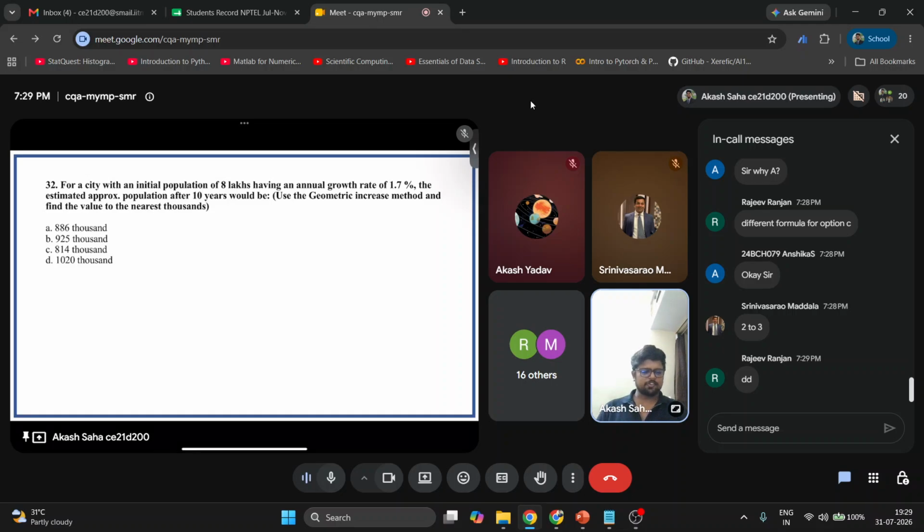If you just put in the formula, population into 1 plus r to the power n, you can directly get it. So what is the correct answer? Can someone tell me?